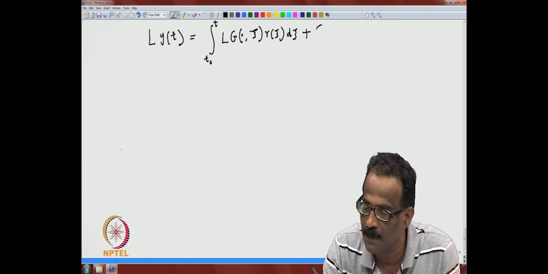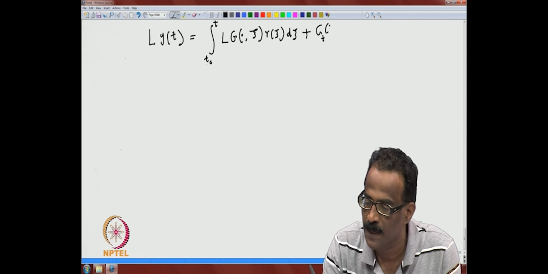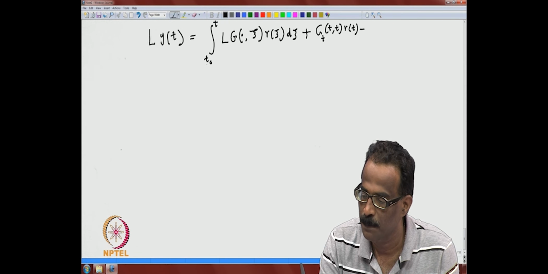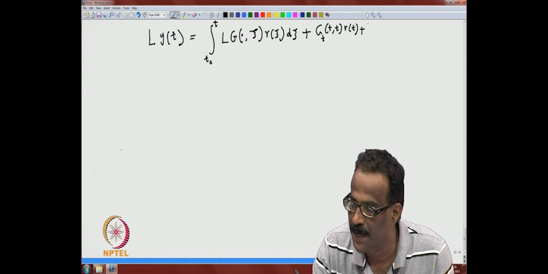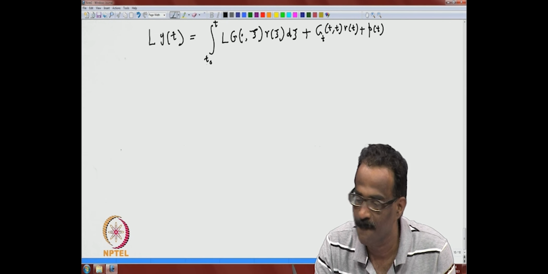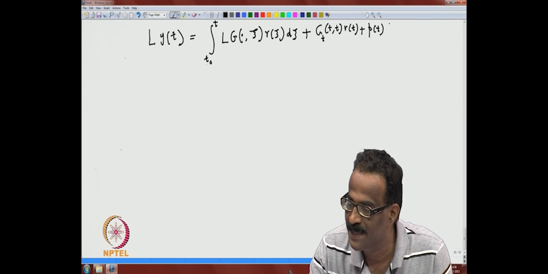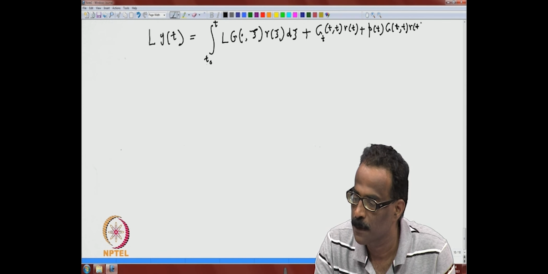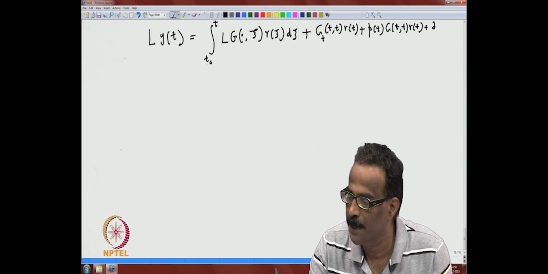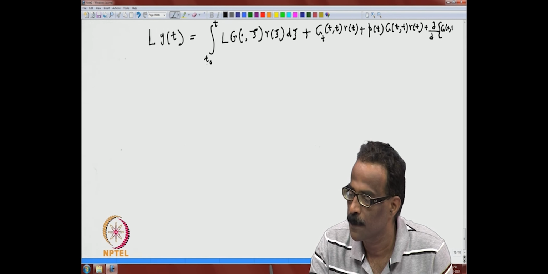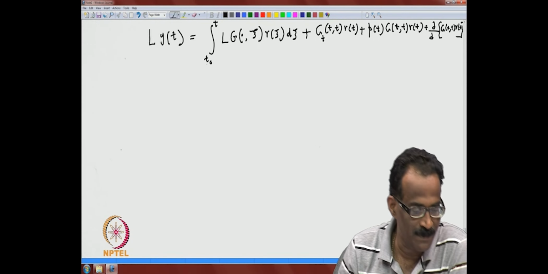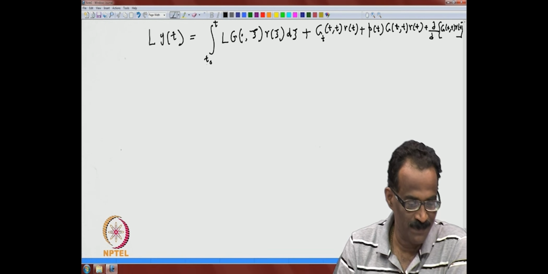For example, you will have g t t r t, plus a term p t into g t t r t, plus d by dt of g t t r t. So, you have that kind of term.